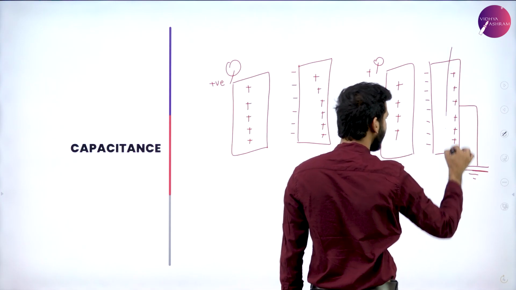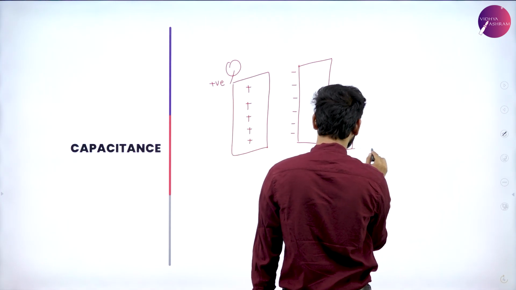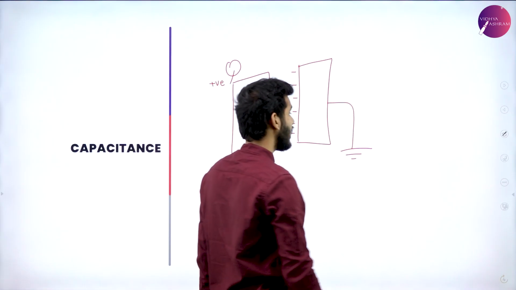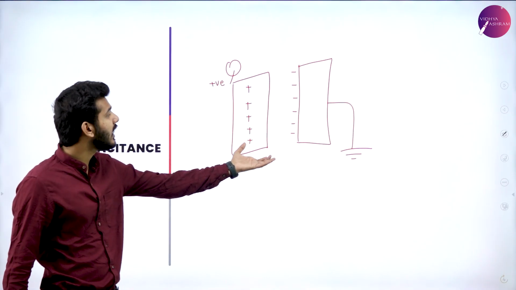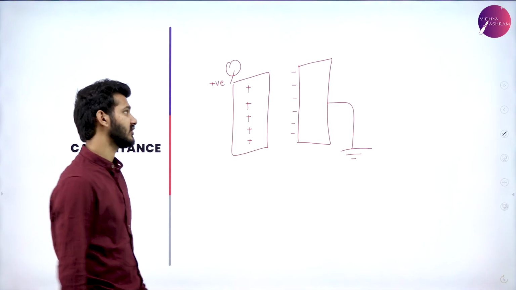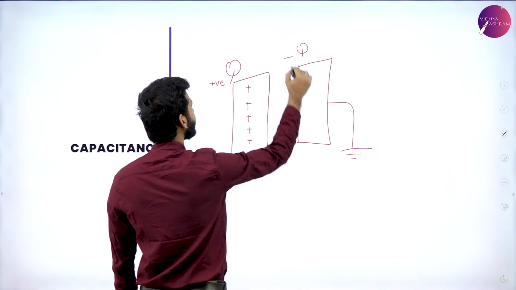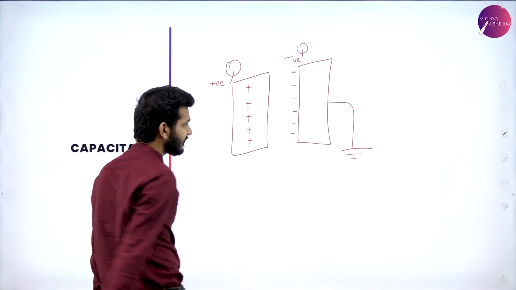So this entire side will vanish off into the ground, and I will be left with a plate which is positively charged and a plate which is negatively charged. So this will be negative Q and positive Q.